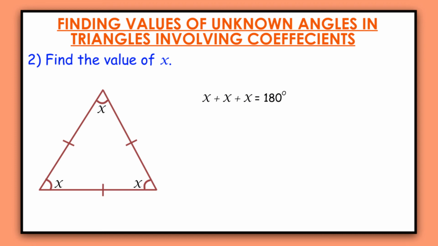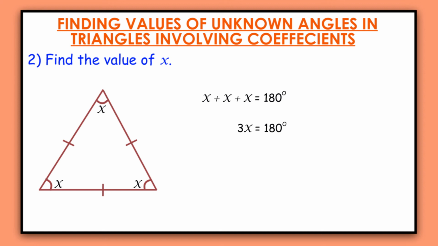We get the second step of our equation. After the summation of x, x and x, we get 3x, which is equal to 180 degrees. In this case, there is no need of collecting like terms, since we don't have any positive or negative number which we can use.